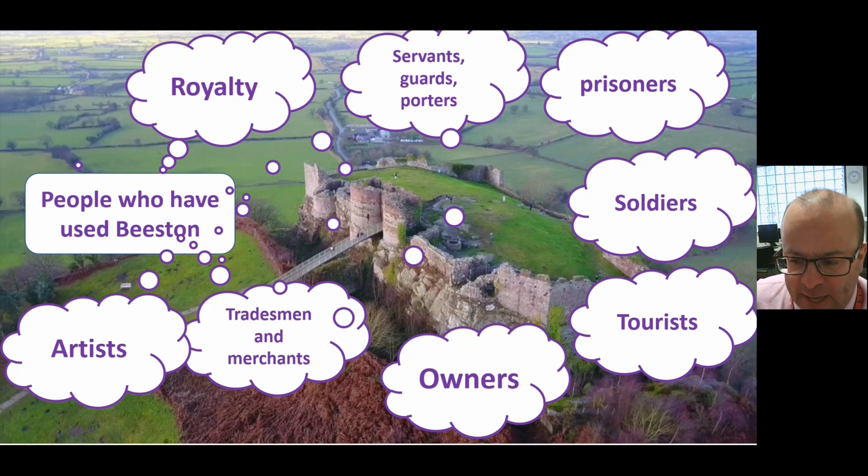As protection, the site's been used since Roman times, in the Stone Age and the Iron Age. And as I'll mention a bit later on, artists have used the site as inspiration for paintings.